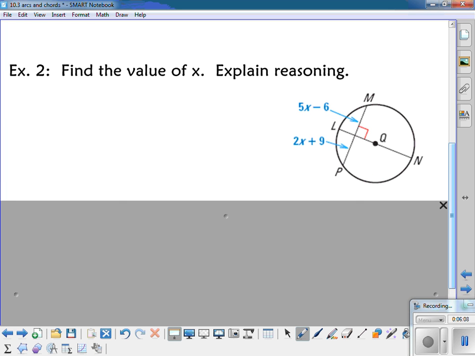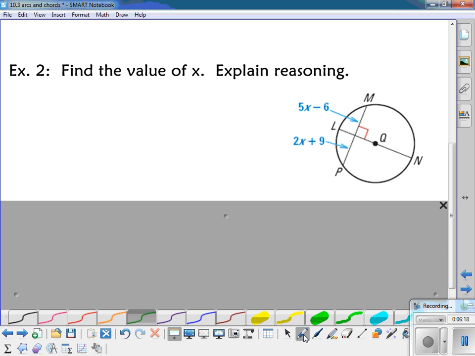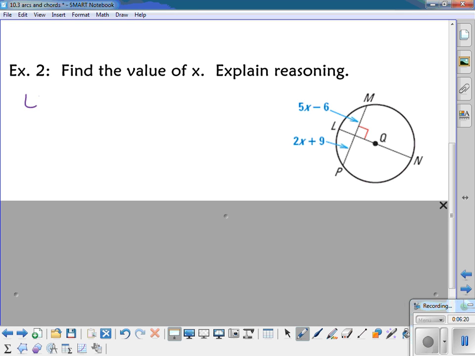Alrighty. Now I've got one. I'm going to find the value of x, and I'm going to explain my reasoning. So first of all, I can tell from my figure that LN is a diameter, and they also told me that LN was perpendicular to MP.